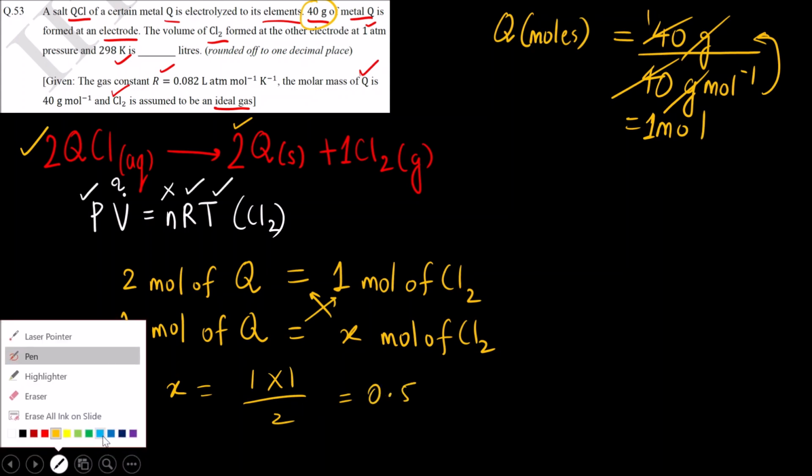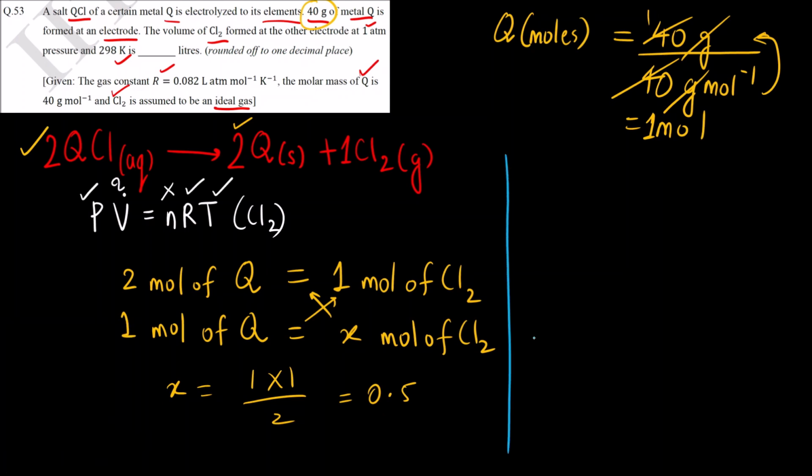Now we can use the ideal gas equation, PV is equal to nRT.